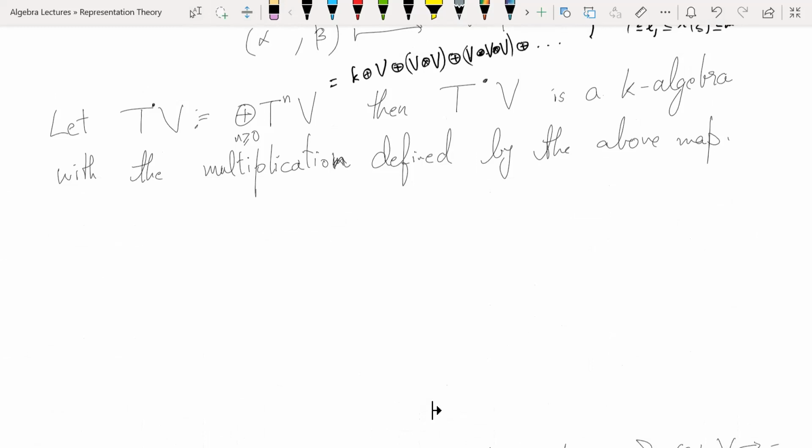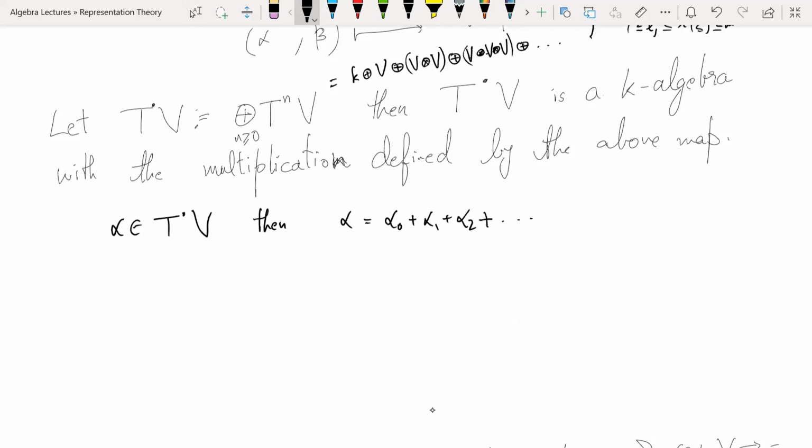Okay, so if I take an element alpha in T dot V, then you can uniquely write it as alpha 0, alpha 1, alpha 2, and so on.